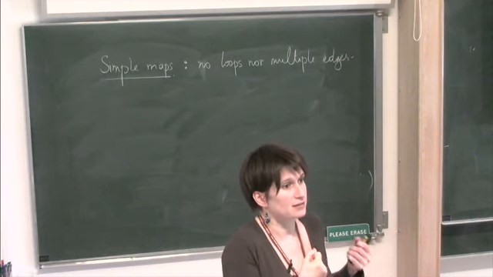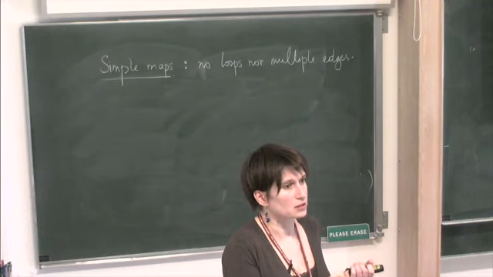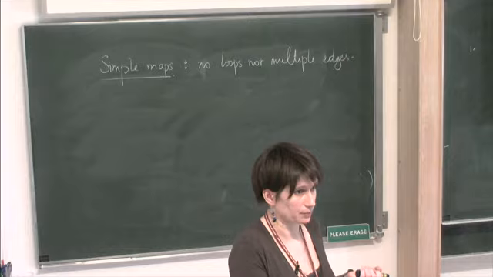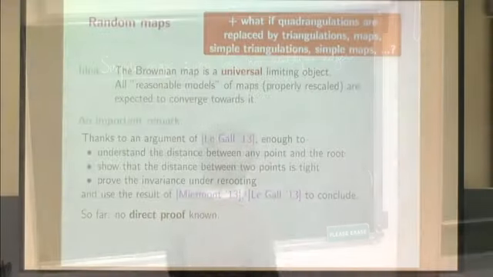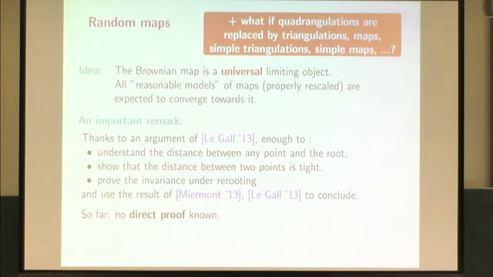That's the thing that makes the limit complicated to understand. But thanks to the result for quadrangulations, it's enough now to prove that, and so to get convergence to the Brownian map.